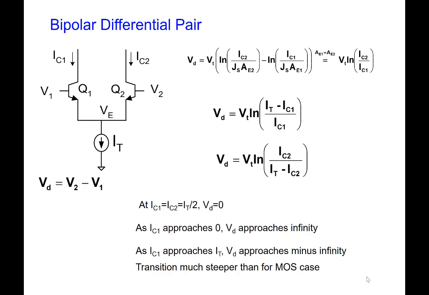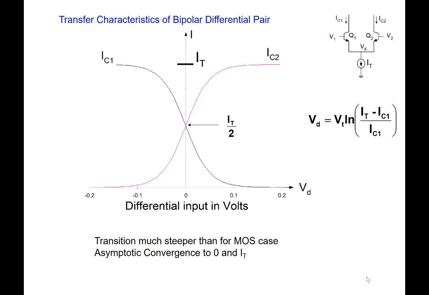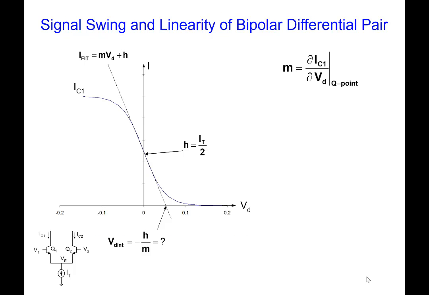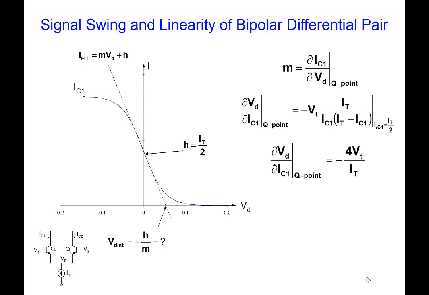Okay, so it's a calculus 1 calculation, and if I do that, I find that the derivative is minus VT IT over IC1 times IT minus IC1. Evaluate at the Q point. The Q point is when IC1 is equal to I tail over 2, or VD equals 0. So the partial of VD with respect to IC1 is 4 VT over I tail.